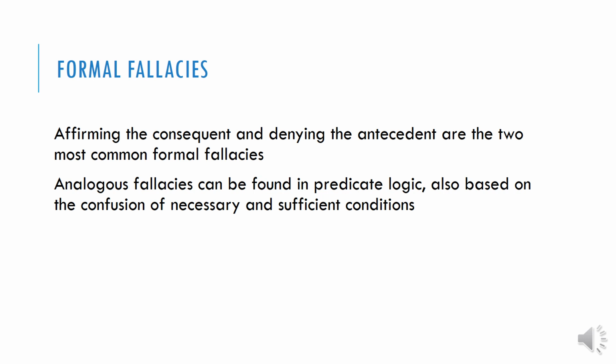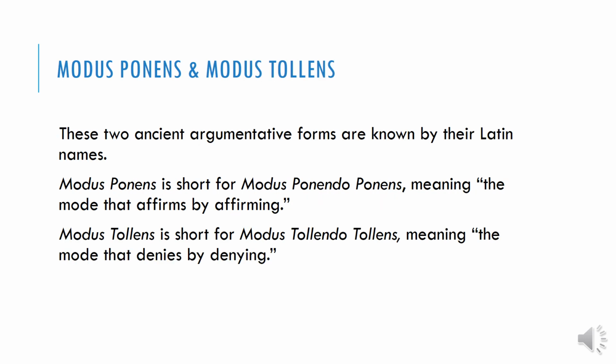Now, these can get pretty tricky because they're very similar to good forms of arguments, affirming the antecedent and denying the consequent. When we are affirming the antecedent, we are saying that if P is true, then Q is true, and then we're saying that P is true, therefore it must be the case that Q is true.